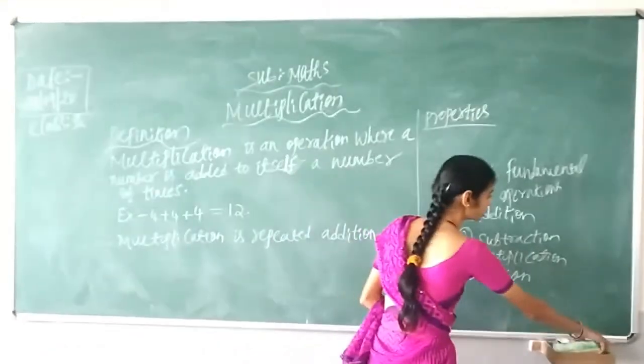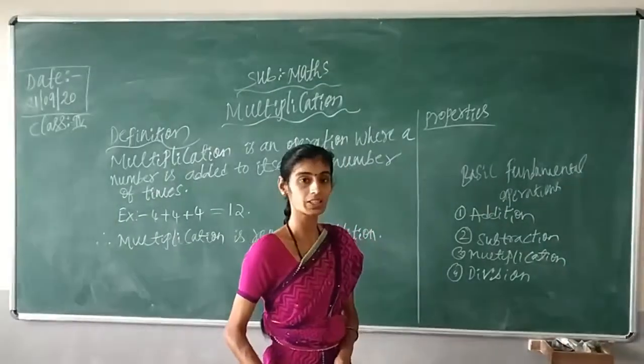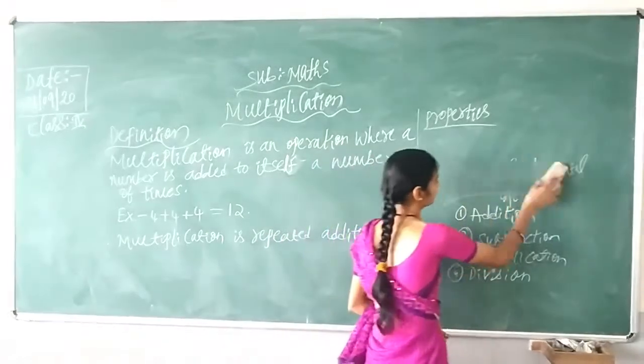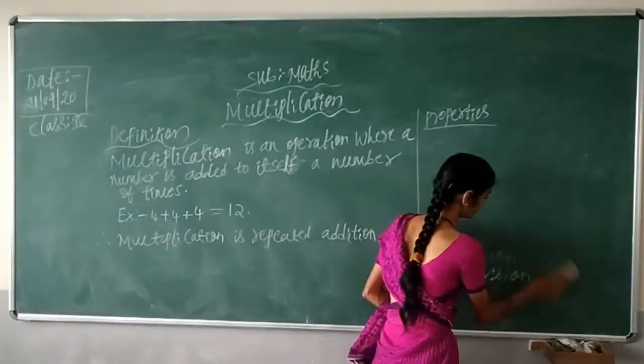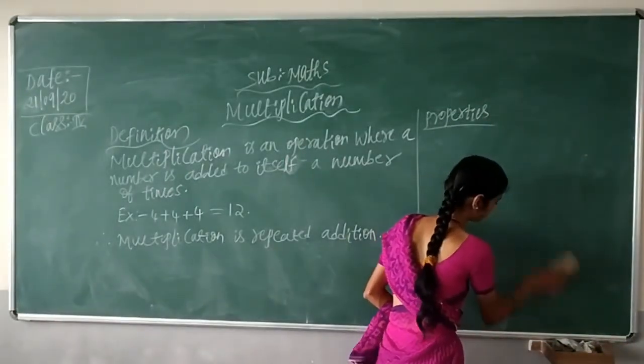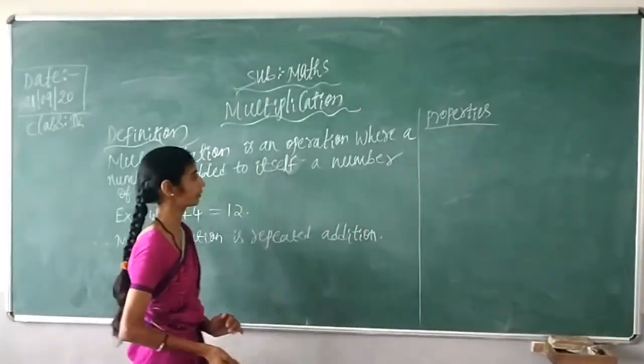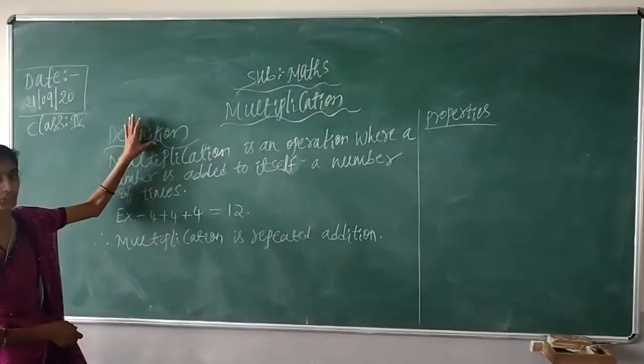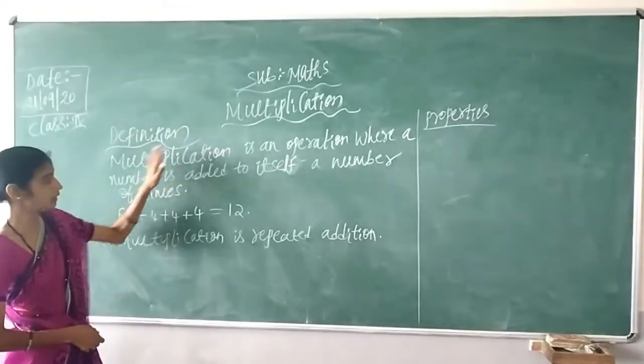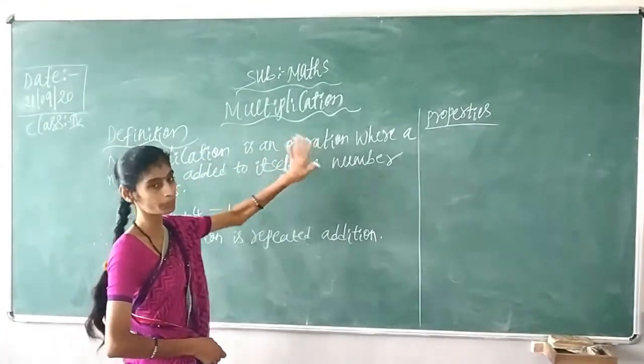Okay. Please open your reader book as well as your notebook. First we will see the definition of multiplication. Shall we see the definition? Definition of multiplication: multiplication is an operation.